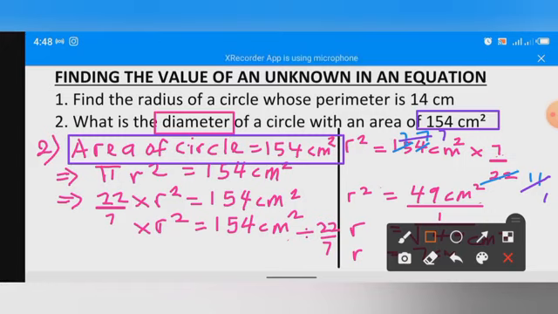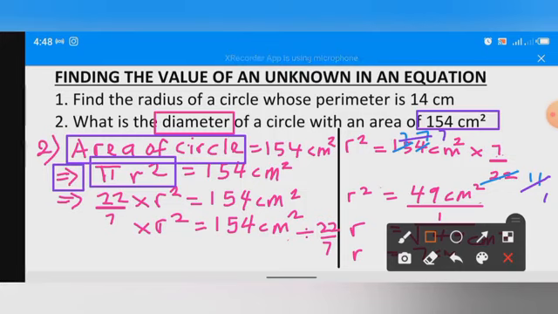is to write the formula for the area of a circle. Instead of writing area of circle, we are going to replace it with pi r squared, because pi r squared stands for the area of a circle. So this implies pi r squared equals 154 centimeters squared.